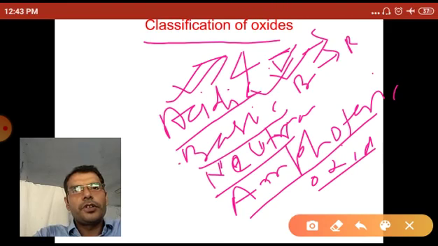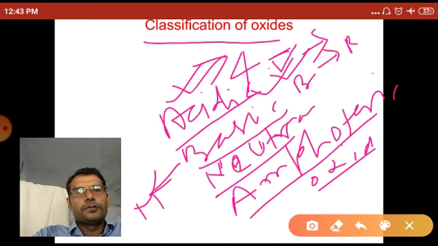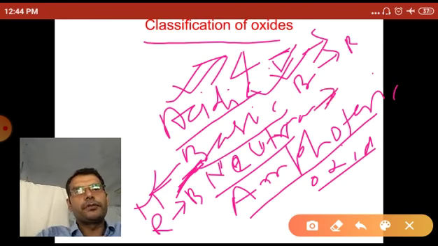Now the basic oxide. Generally the metallic oxides are basic oxides, and the metallic oxide changes the red litmus into blue color. Now the neutral oxide.